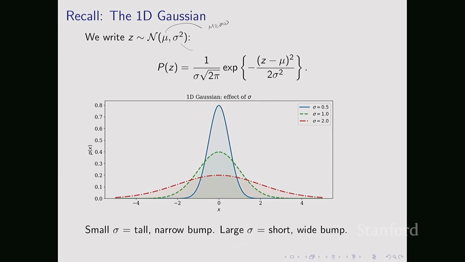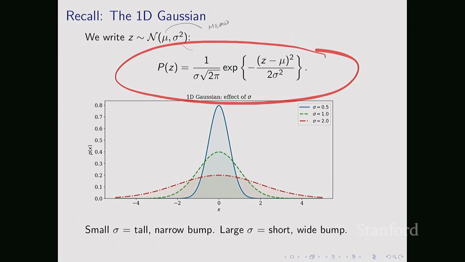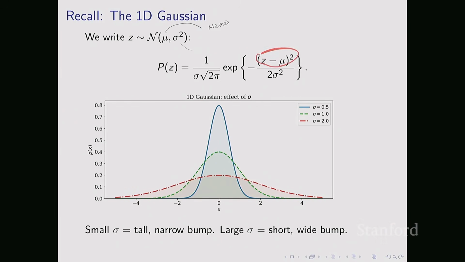All right, that has this distribution function here, which we've seen. Z minus mu squared over 2 sigma squared. All the normalization that we've typically done. This is the normalizing constant. All right, so what I've charted here are a bunch of different values for sigma and how they affect what's going on.